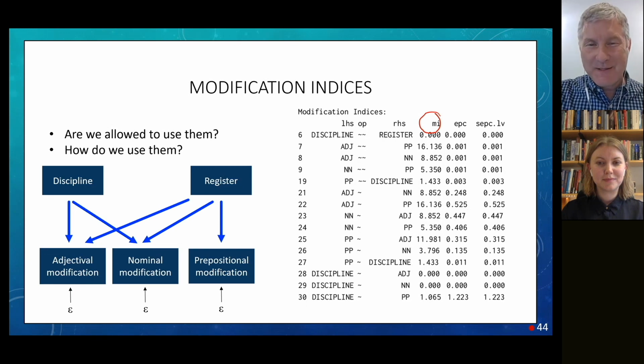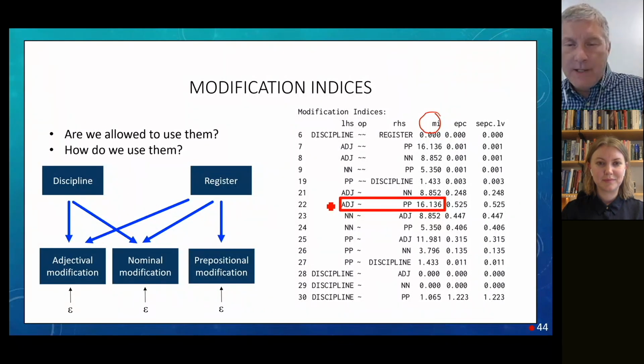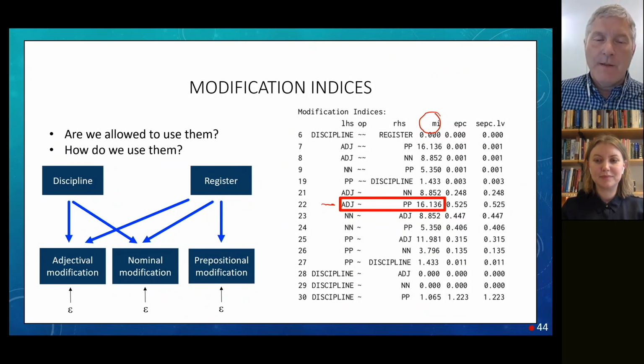Okay, that starts to make some of the words and labels make a bit more sense. What this particular model, fit to the data, is telling us through modification indices, is that for this relation right here, and you would have to speak a little bit of Lavaan, if you had a direct path from prepositional modification to adjectival modification, it would improve the fit of your model by 16 chi-square units.